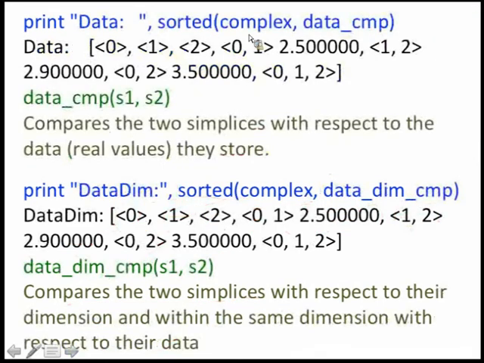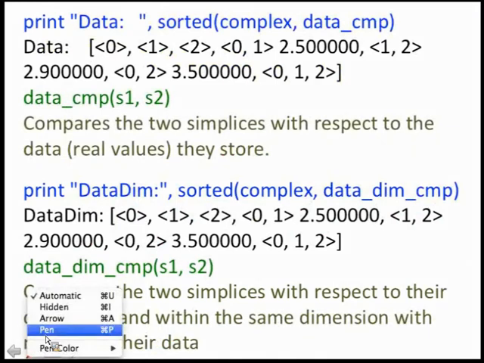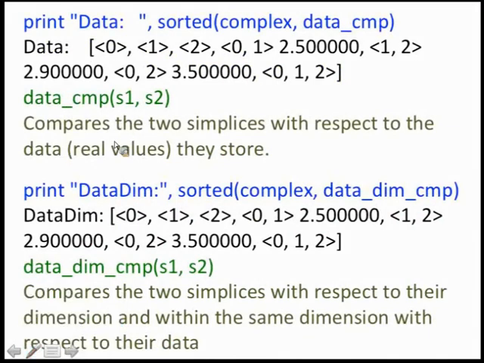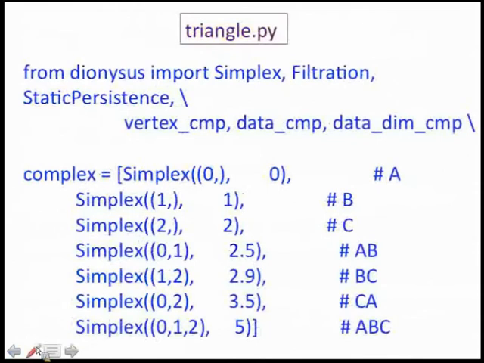Two other ways of ordering it are with respect to our actual real values. If I go back up here, most of the time I want to use these real values to order my simplices.